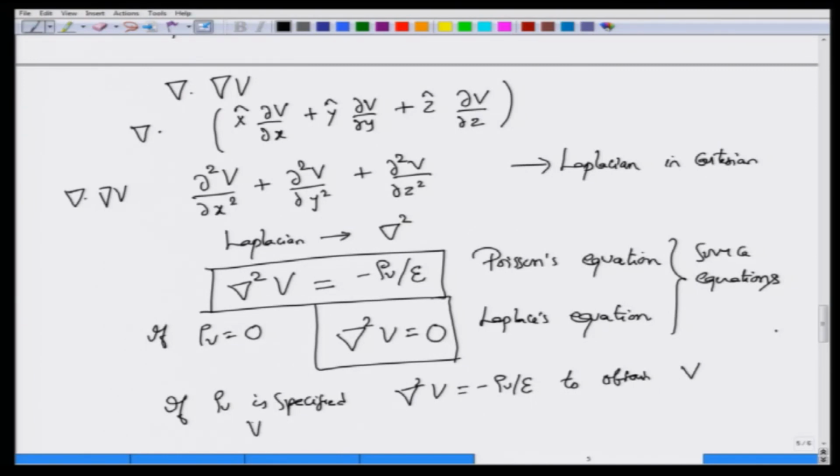Now, from V, by applying the gradient operator, I can obtain the electric field, and in this process you will realize that the source for the electric field is actually the charge distribution.